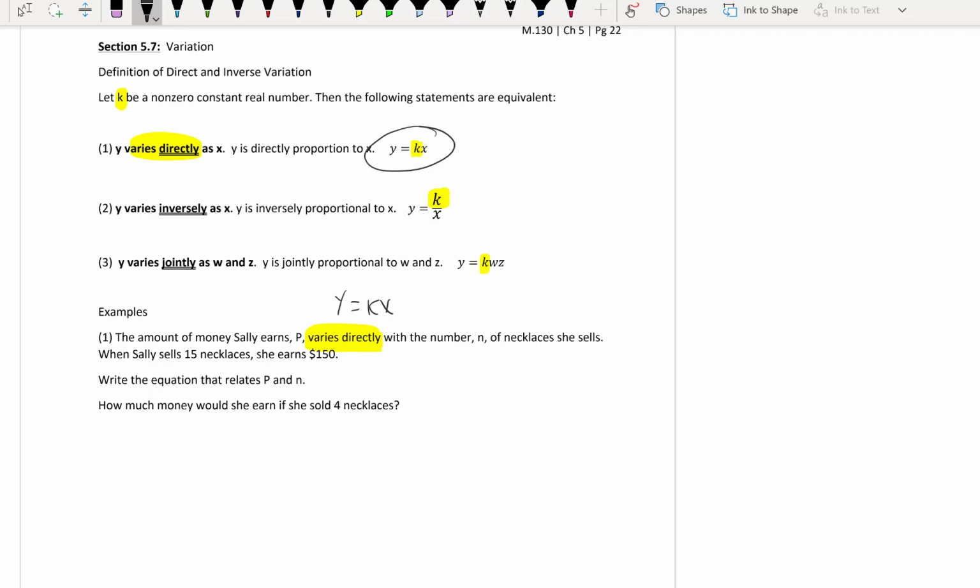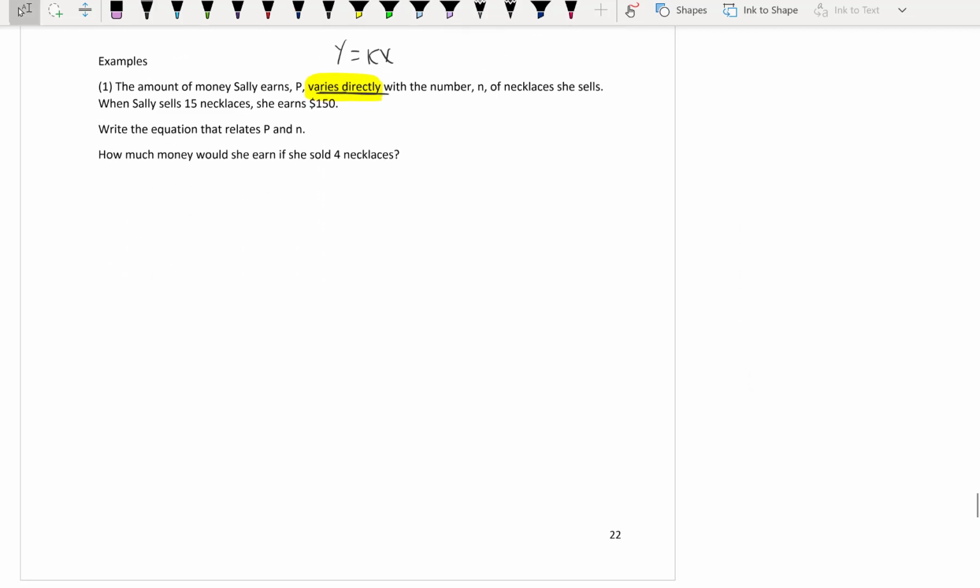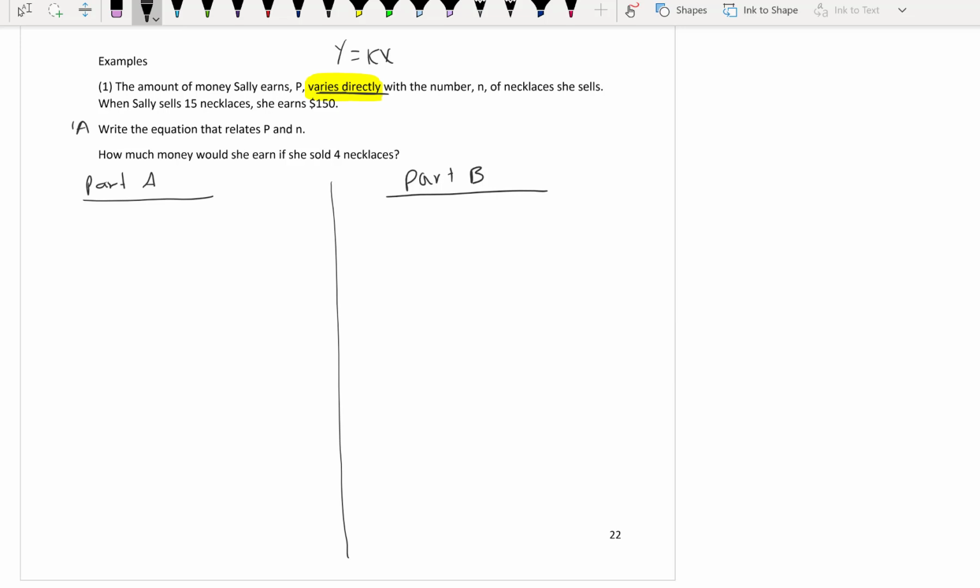Now that we have that general formula, we're going to split this up a little bit into part A and part B. For part A, it says write the equation that relates P and N.